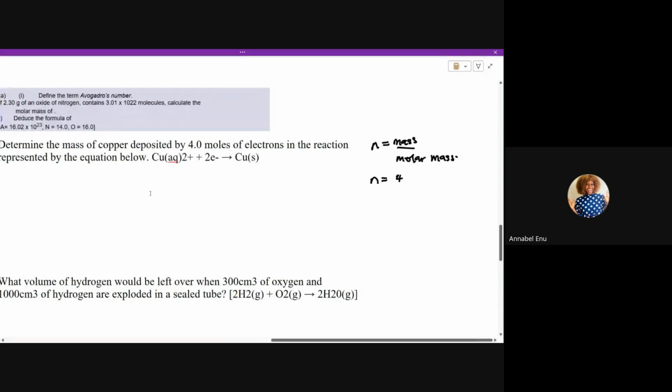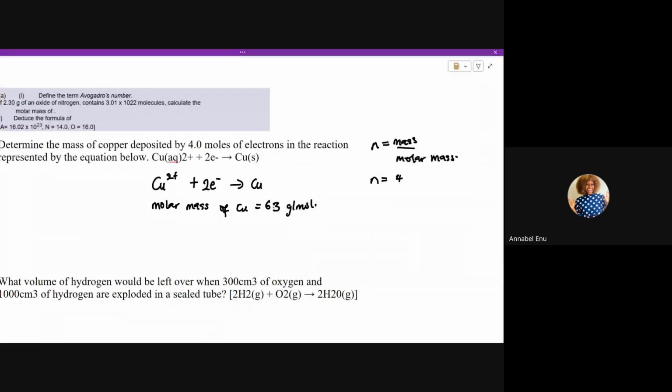And this is the balanced equation. Let me rewrite it. We have copper 2 plus plus 2 electrons to give us copper solid. So based on this equation, 2 electrons are being lost. In this kind of question, we have to also know the molar mass of copper, and the molar mass of copper is 63 gram per mole.